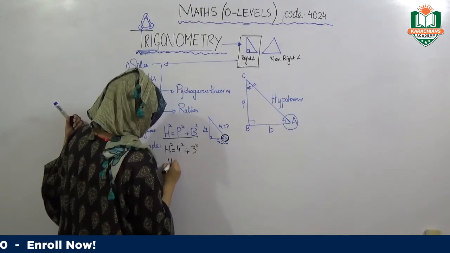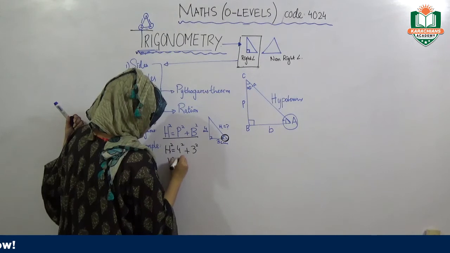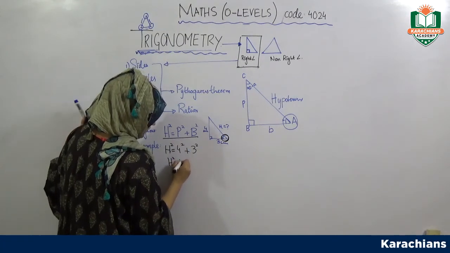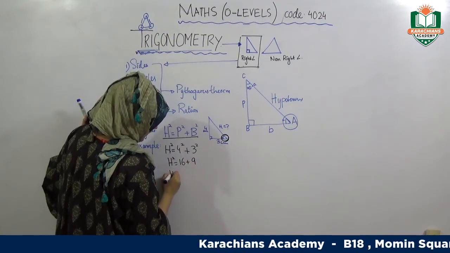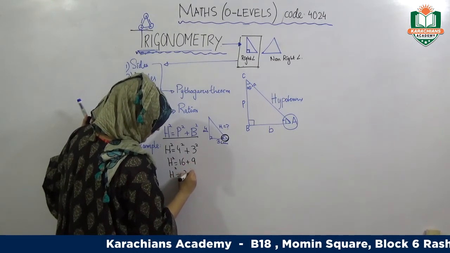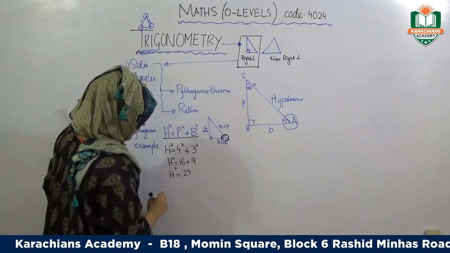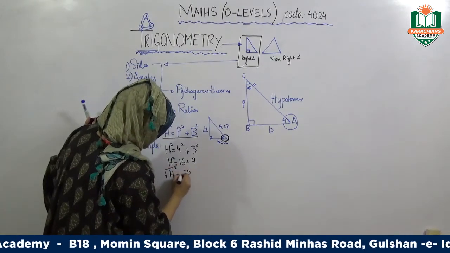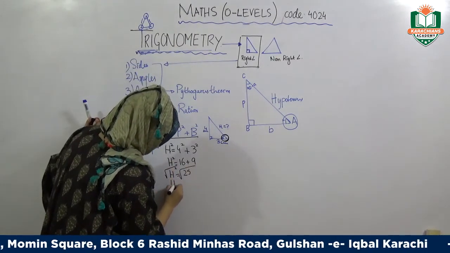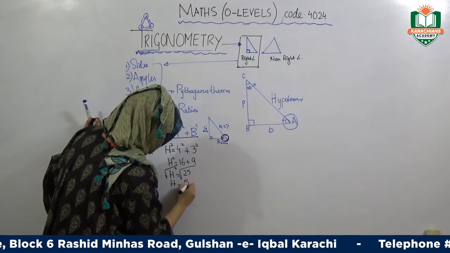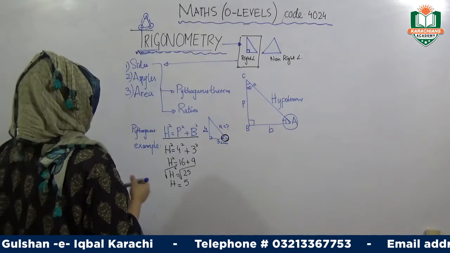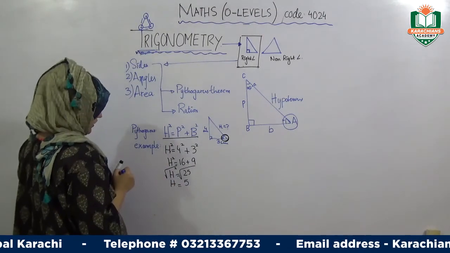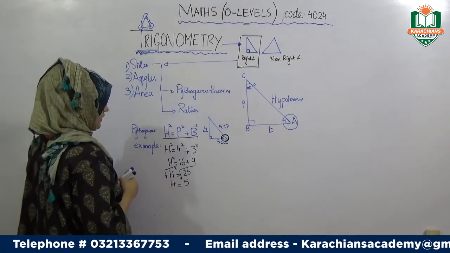So hypotenuse squared equals 4 squared, which is 16, plus 3 squared, which is 9. So your hypotenuse squared is going to be 25. To find your hypotenuse, you take the square root on both sides, so h is going to be 5. Through this we are going to be doing our Pythagoras theorem.